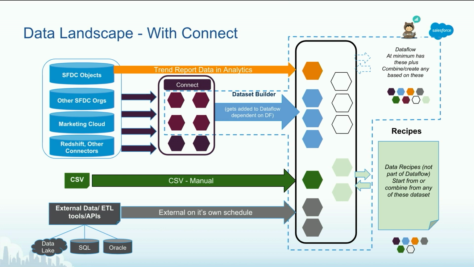Einstein Analytics. In this diagram, you can see all the ways we can bring the data sets into Einstein Analytics. If we start on the top, that is your trend report data and analytics.